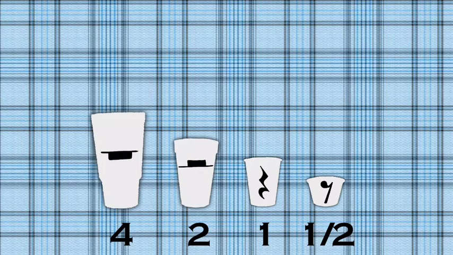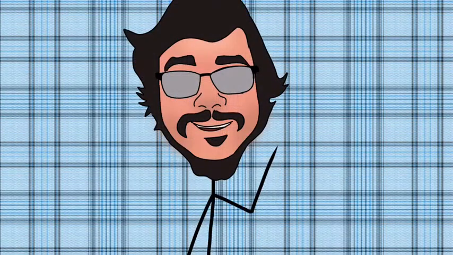So how long would you rest for a whole rest? 4 as well, pretty good. How many would you rest for a quarter rest? 1, very nice. For an eighth rest, 1/2. How about for a half rest? 2 beats of resting. Very nice, very nice. So these are our rests.